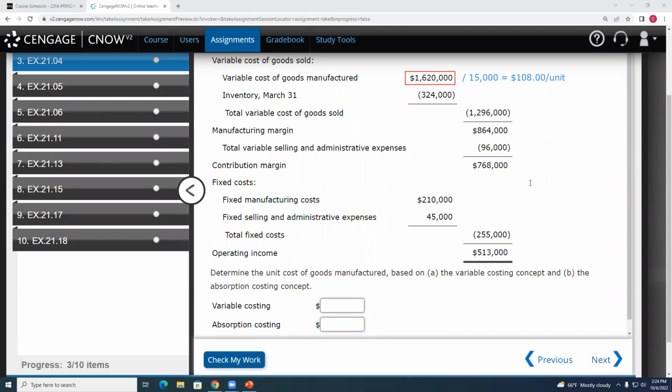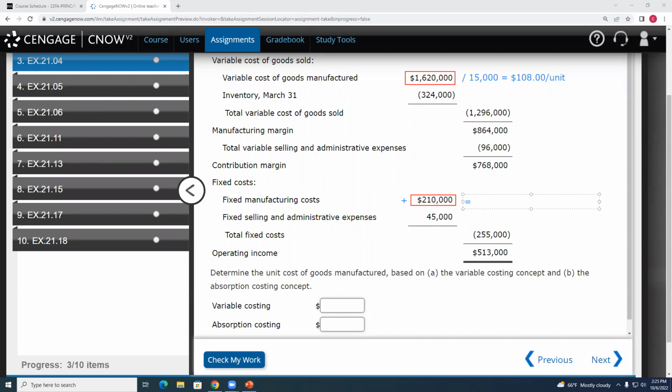So for the absorption costing, we know that the full manufacturing cost includes not only the variable cost of goods manufactured, but also these fixed manufacturing costs. So in order to calculate our absorption costing per unit, I need to add together those two numbers in the red boxes.